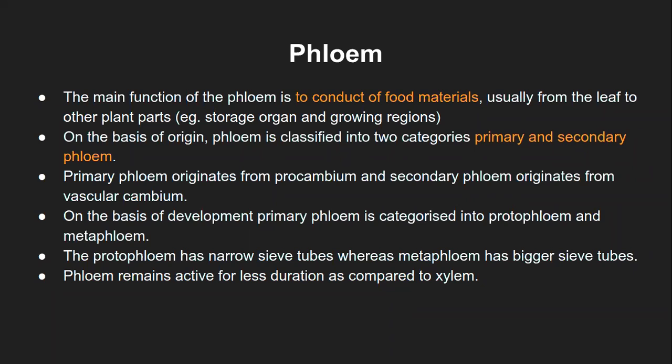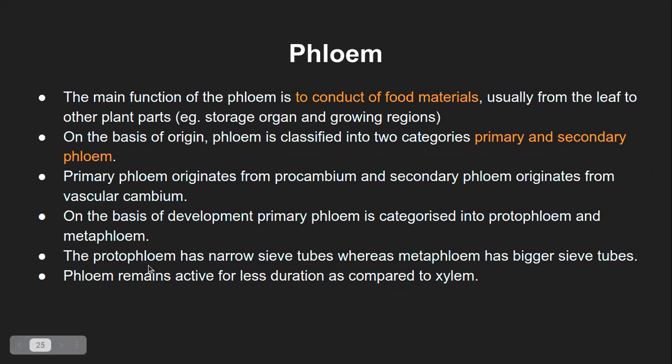Similarly, phloem will also have certain components in terms of tubular structure, fibers, and parenchyma, which we are going to see further. And those tubular structures, in case of phloem, are called sieve tubes. Whereas the metaphloem has bigger sieve tubes, and protophloem will have a little smaller diameter of those sieve tubes.